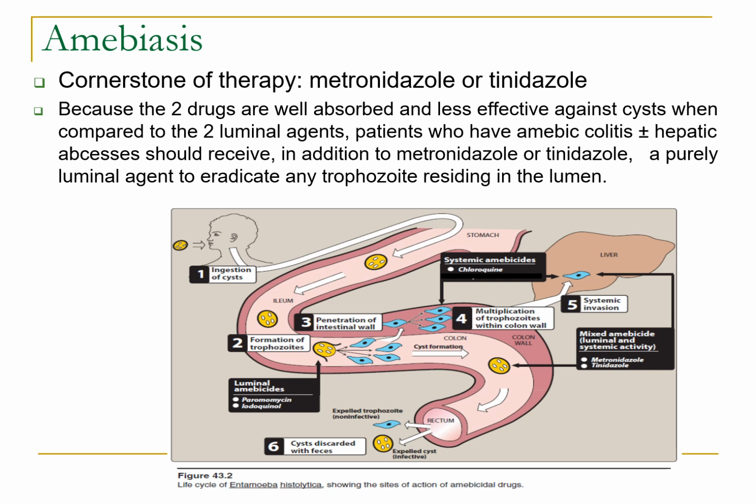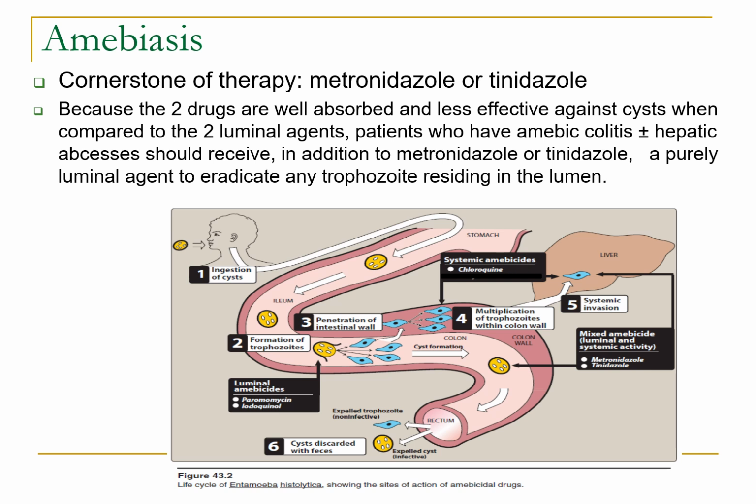And we also have systemic ones, and that is chloroquine, metronidazole, and tinidazole. Now we don't use chloroquine much because we have metronidazole and tinidazole. In conclusion, when we have amoebiasis, we want to give a combination therapy of luminal amoebicides and systemic amoebicides.